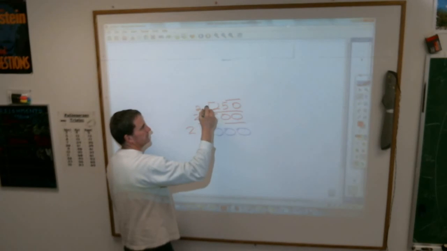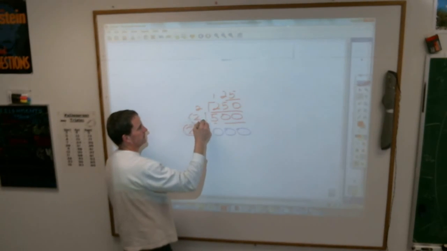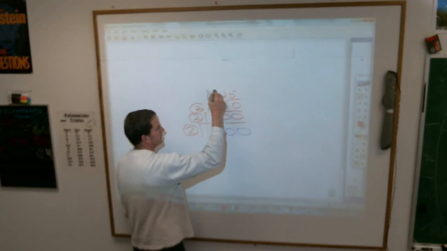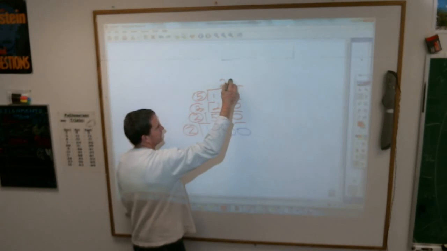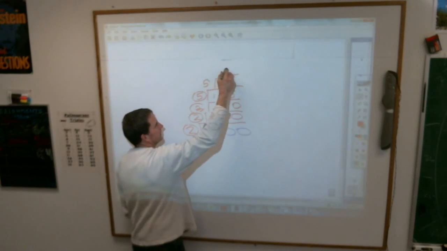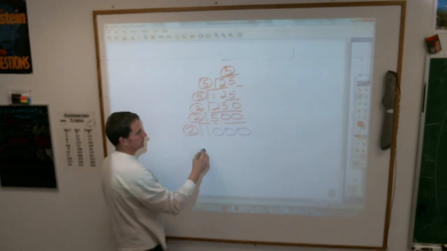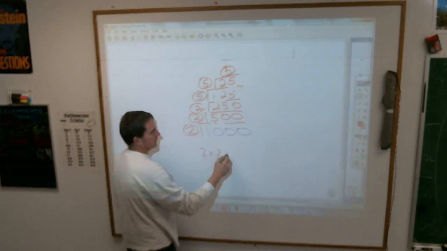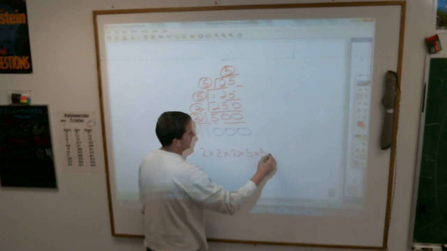Half of 250 is 125. Not an even number, but it ends in a 5, so I know 5 goes into it. 5 goes into 125 25 times, and 5 goes into 25 5 times. So you end up with 2 times 2 times 2 times 5 times 5 times 5.